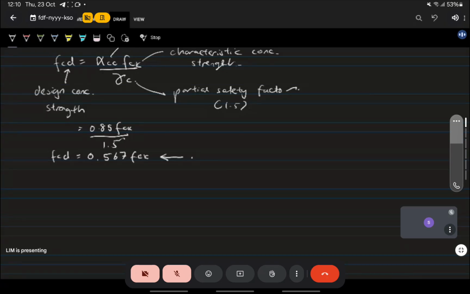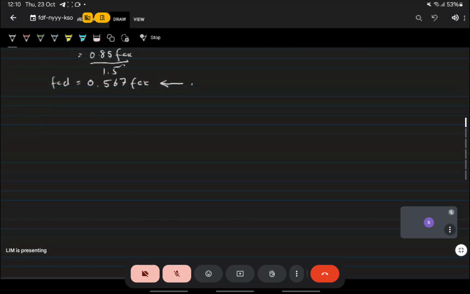Okay. Now, next. I need to quickly talk about the stress strain diagram. Stress, strain. Now, the way your concrete behaves is like this.